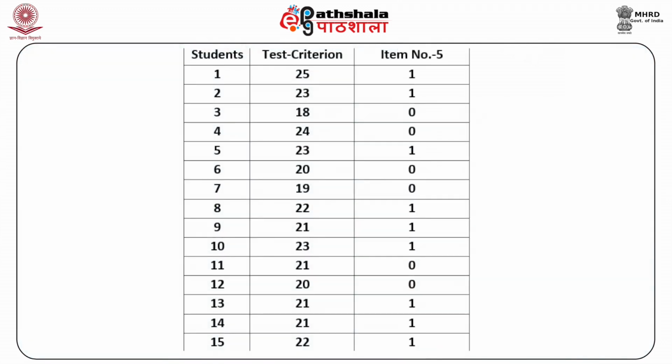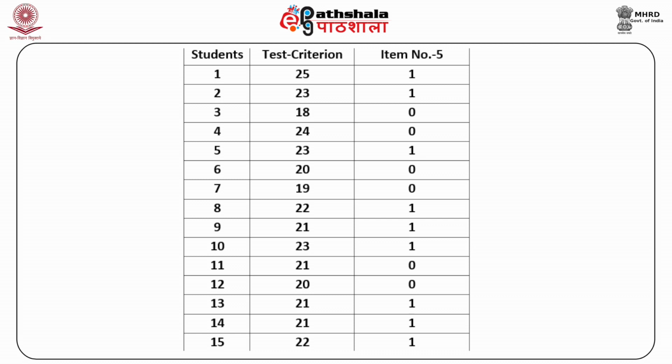Let us look at an example to calculate the point biserial correlation for item 5 of a 10-item test. There are 15 subjects in total. Their test criterion scores are 25, 23, 18, 24, 23, 20, 19, 22, 21, 23, 21, 20, 21, 21, 22.